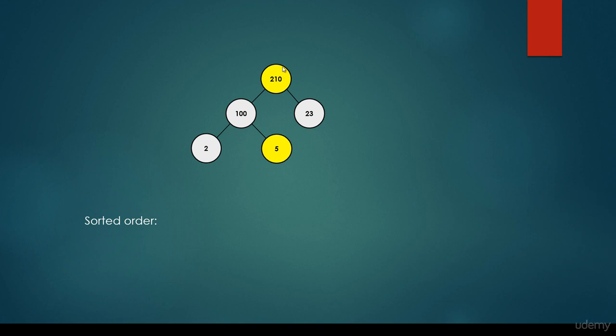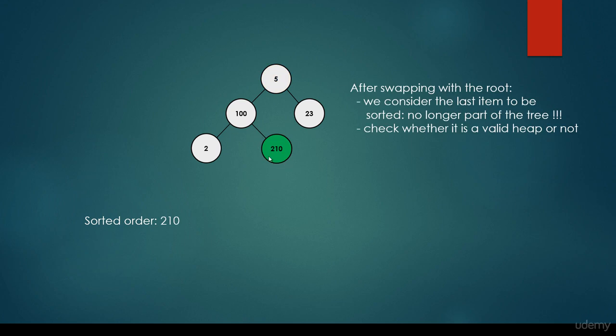First, we have to swap the root node with the last item. The last item is 5, the root node is 210, so we just swap them, and we consider this item to be sorted. So after swapping with the root node, we consider the last item to be sorted, so it's no longer part of the tree. So we don't have to bother about this node.